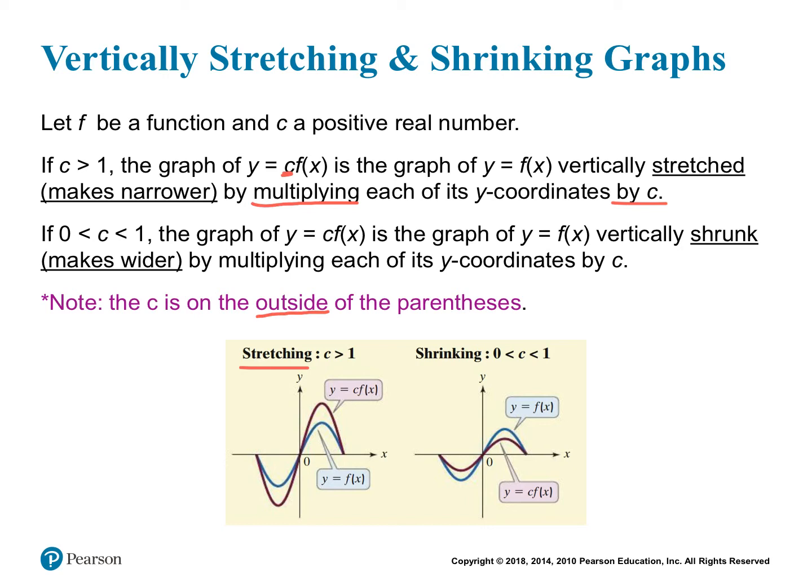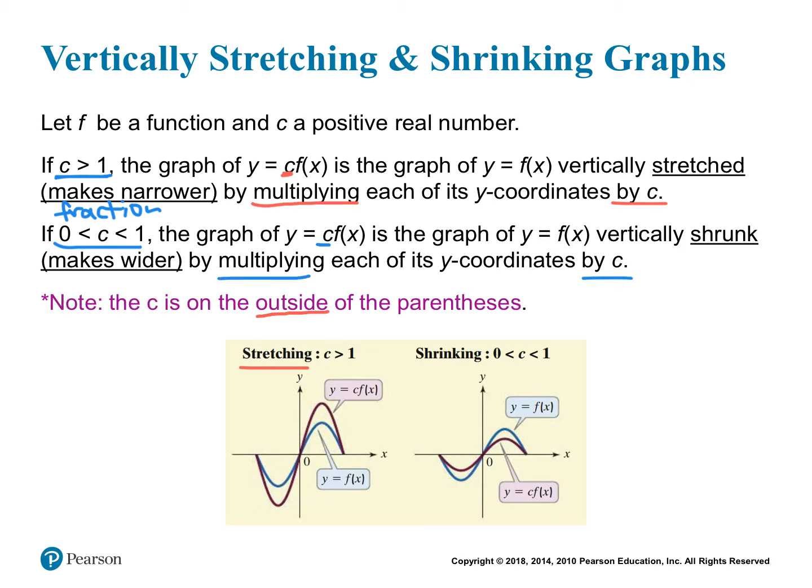Then if I look at the next one, so this was if c was greater than 1. If c is between 0 and 1, so a fraction or a decimal, the c is still on the outside. This is going to make it vertically shrunk, which actually makes it wider.